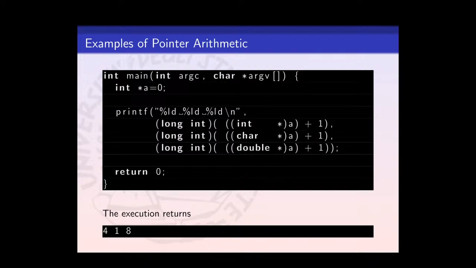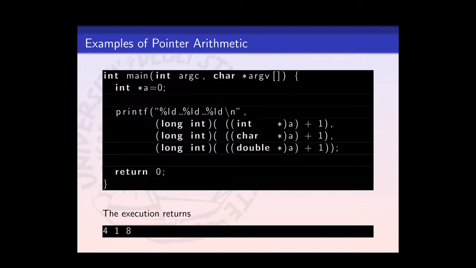So here, what I'm doing is taking a pointer to integer a, and typecasting it to a different type of pointer. I'm typecasting to, again, a pointer to integer, then to a pointer to character, then to a pointer to double.